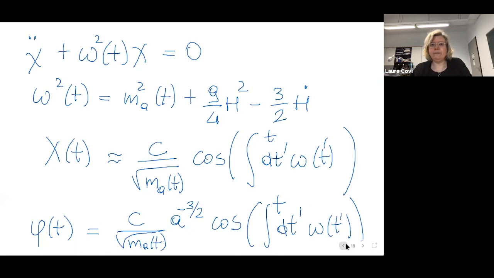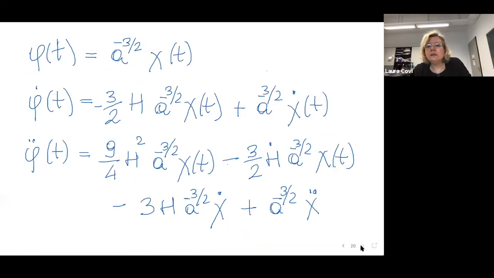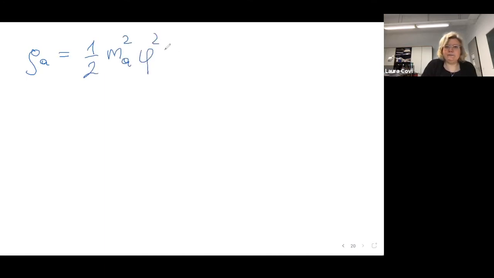So if you want, let me, yeah, what do I cancel? I cancel this one, I think. So I would have then that the energy density in the axion would be nothing else as 1/2 m_a squared times the field squared, plus the kinetic term, so plus 1/2 phi dot squared, because here we don't have any term which is connected to the spatial derivatives.